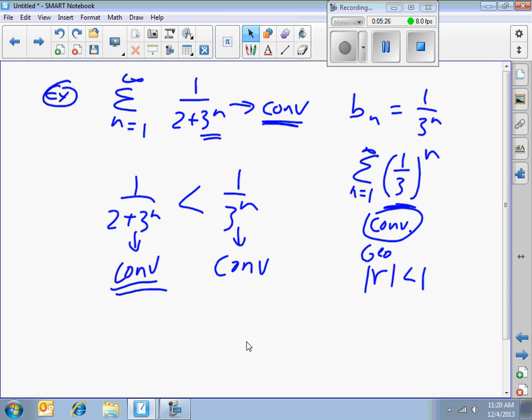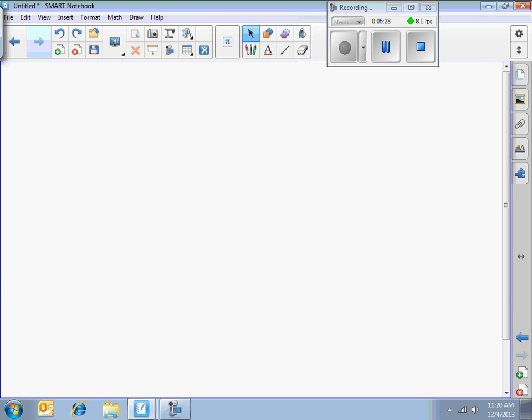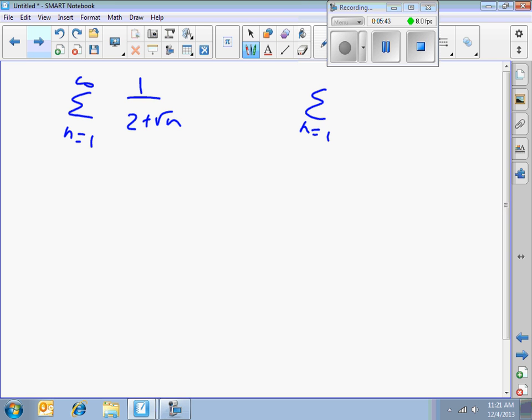Let's look at another example. I'm going to choose the summation as n goes from 1 to infinity of 1 over 2 plus square root of n. I'm going to compare it to 1 over square root of n. Now that is the same as 1 over n to the 1/2.